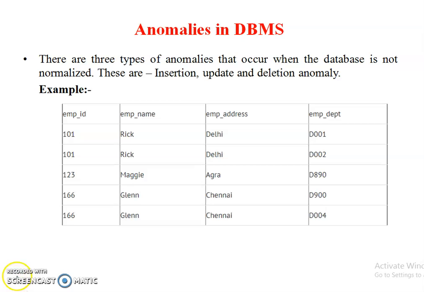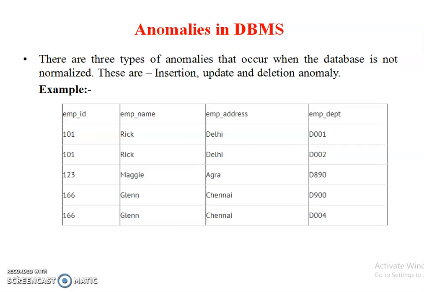Okay. Now we discuss delete anomaly. A delete anomaly is the opposite of insert anomaly. This anomaly occurs when the data of some attribute gets lost because of deletion of data of other attributes in the same record.